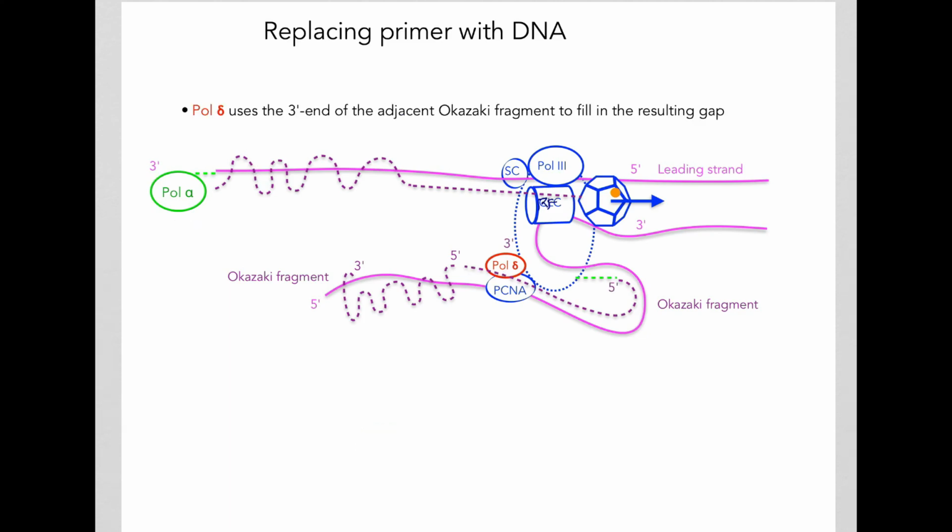Once the RNA primer is removed, Pol delta will use this 3' end to fill in the gap where the RNA primer was destroyed. So this resulting gap here will be filled in by polymerase delta.